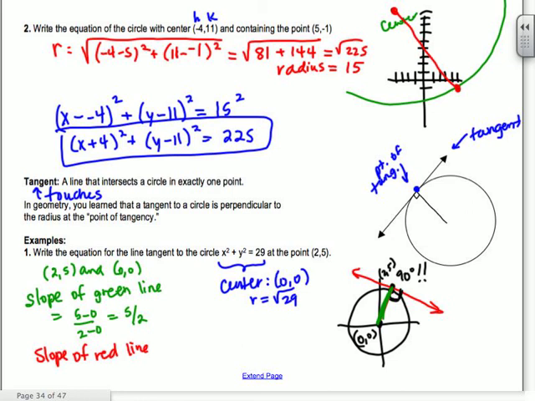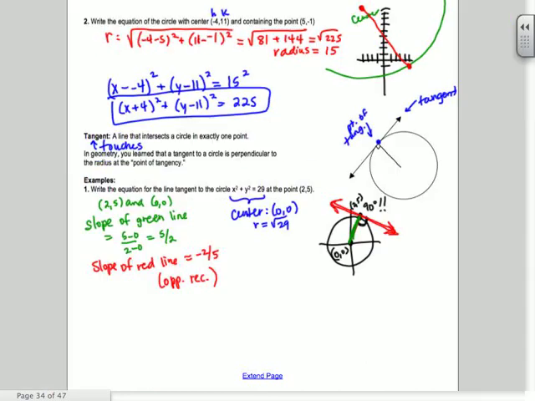So what's our slope of our red line? Negative 2/5. How'd you guys get that? It's perpendicular, so it's the opposite reciprocal. Okay, so now we have the slope of the red line, and we have a point on the red line.